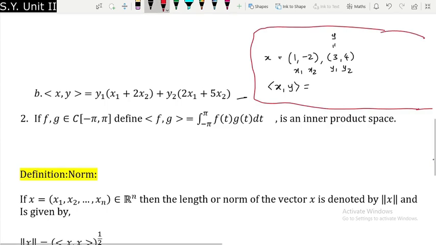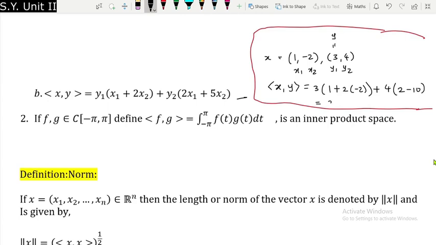So this will be y1 first of all. So y1 is 3 inside the bracket, x1 is 1 plus 2, x2 is -2 plus y2 is 4, twice x1 is 1 only, so 2, and x2 is -2, so 5 multiplied by -2 will be -10.